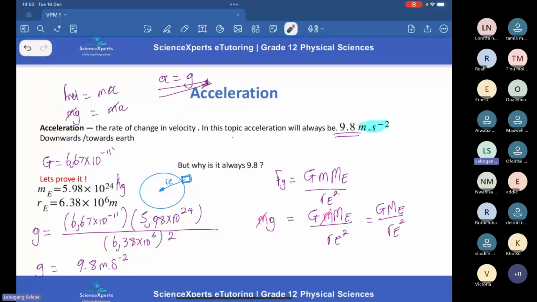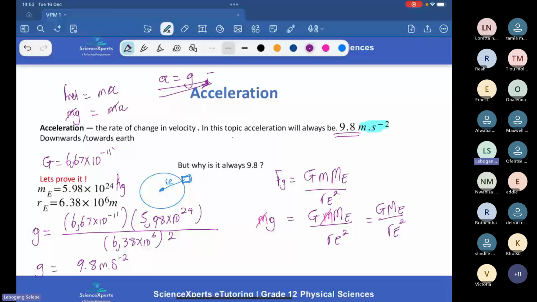So if F net is the gravity, it means that the only force is the force of gravity, right? So the acceleration of an object can only be equal to g, which is 9,8, only and only if the only force is the force of gravity. If there's any other force, it won't work, right?